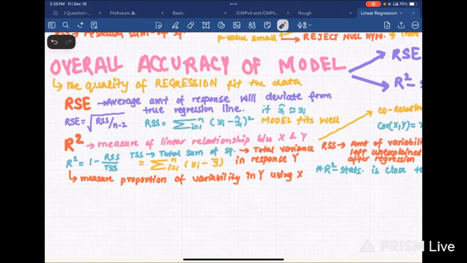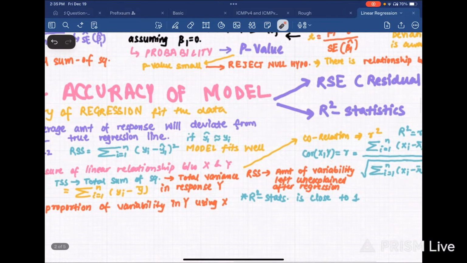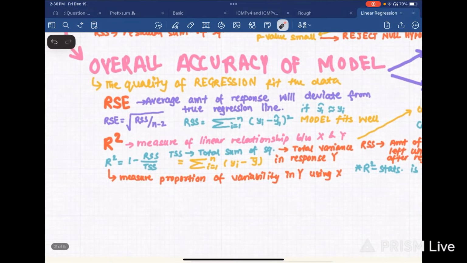We can also see that if the model fits well, yi should be closely equal to yi cap. We can also look at r square, the measure of the linear relationship between x and y.